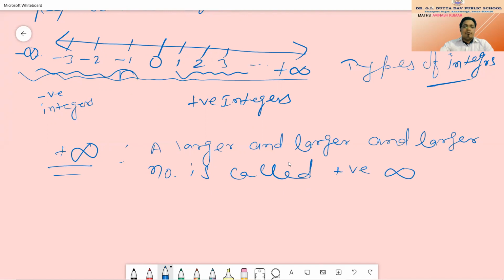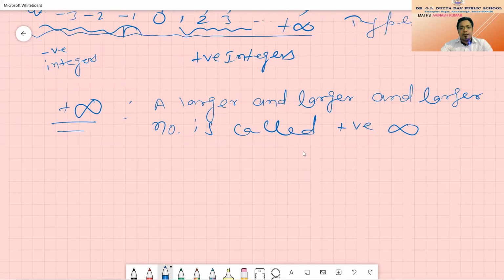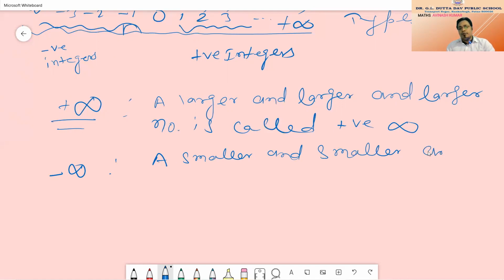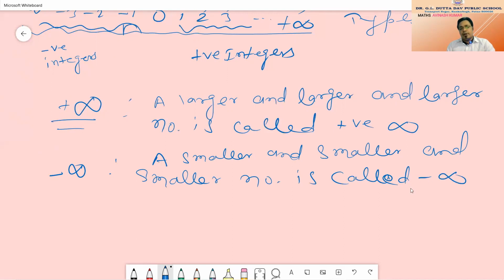Okay, students, fine. Larger and larger means we don't know that particular number. That's why we say a larger and larger number is called positive infinity. And for negative infinity, we say a smaller and smaller number is called negative infinity. Fine, students.